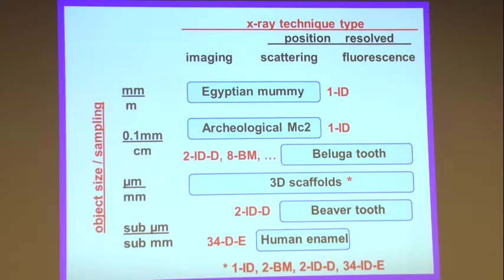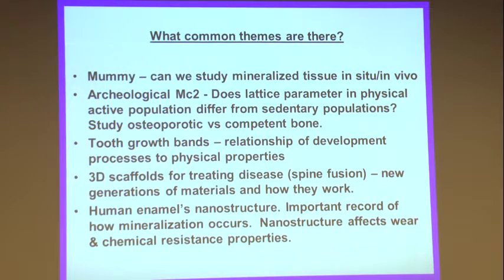Throughout all of these applications, we're learning something about structures and their variation that affect the performance and or development of the tissue. The common themes are, in the mummy, first of all, I was just looking to see if we could see mineralized tissue and identify other constituents.